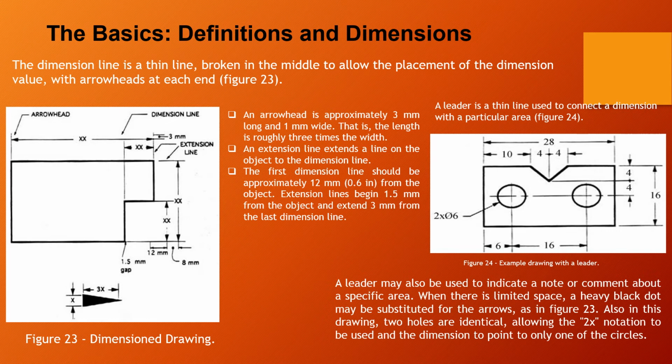When there is limited space, a heavy black dot may be substituted for the arrow, as in figure 23. You can see it in figure 23. Also in this drawing, two holes are identical along the two axes. Notation is to be used and the dimension points to only one of the circles.